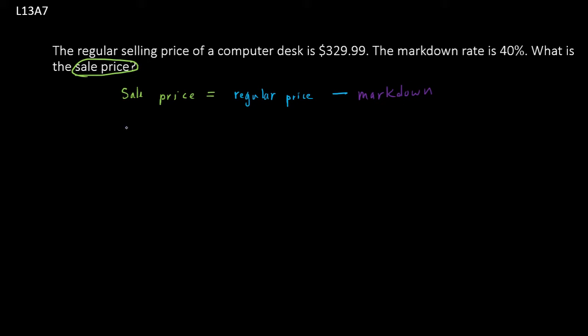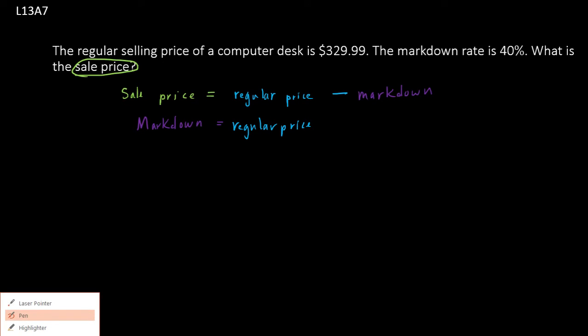We also need to know that our markdown is calculated by taking our regular selling price and multiplying it by our markdown rate. Okay, so if I want to know the sales price, then I need to know all of this information.